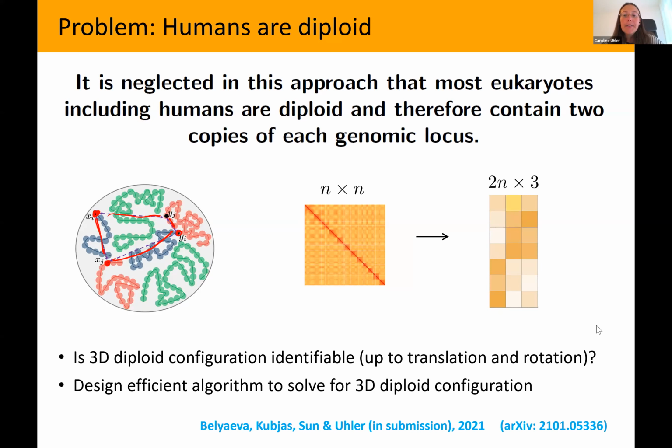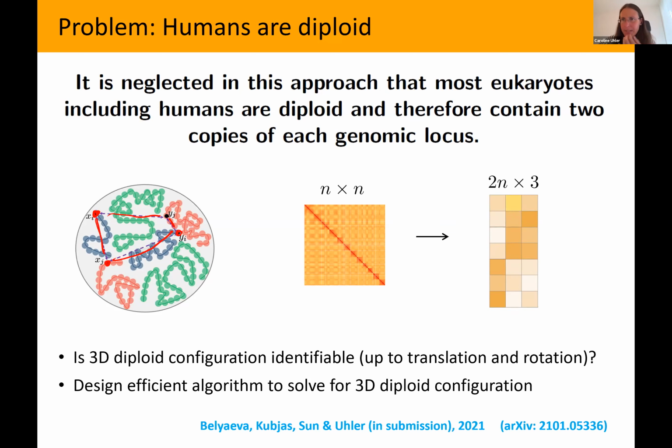And so what you would like to do is figure out the embedding of these 2n endpoints. So how many variables you have is 2n times 3 variables, because I want to find an embedding in 3D. So you have 2n times 3 variables, and you have n choose 2 constraints. So not like in the Euclidean distance problem where you have 2n choose 2 constraints, right? Here we just have n choose 2 constraints because we cannot identify between these 2 copies of every locus inside the human genome.